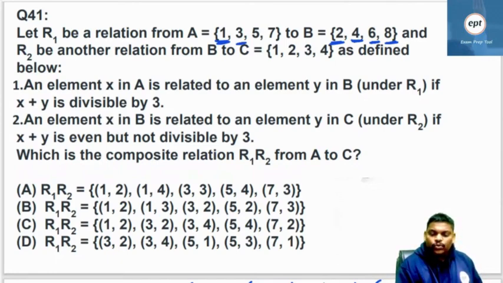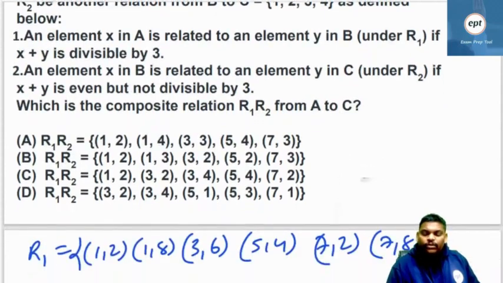Next. 2, 3: not even. 2, 4: even but divisible by 3? 6, yes, leave it. 4, 1: no. 4, 2: 6, divisible by 3, leave it. 4, 3: no. 4, 4: 8, even and not divisible by 3. Then 6, 2, 6, 4. Check properly. 8, 2.